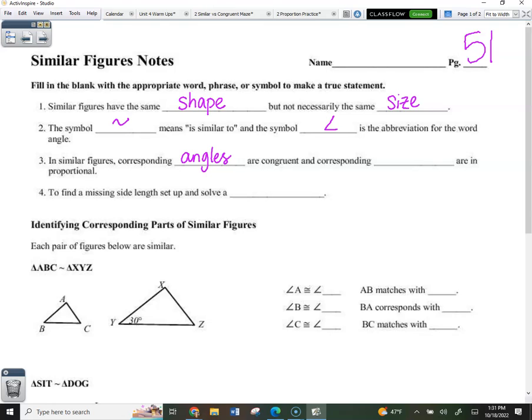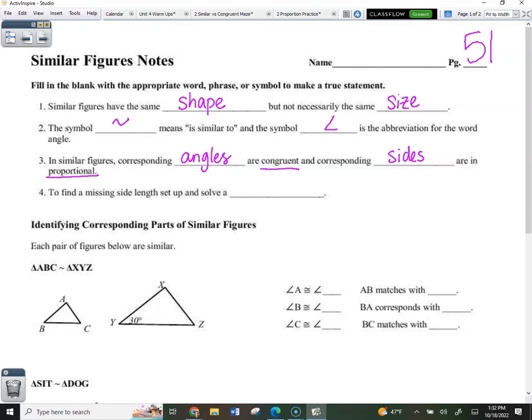All right. In similar figures, corresponding angles are congruent, and corresponding sides are proportional. This looks familiar. Hence the reason we practiced proportions before learning this lesson. Do you remember what I said a proportion is? We wrote it at the top of our paper.